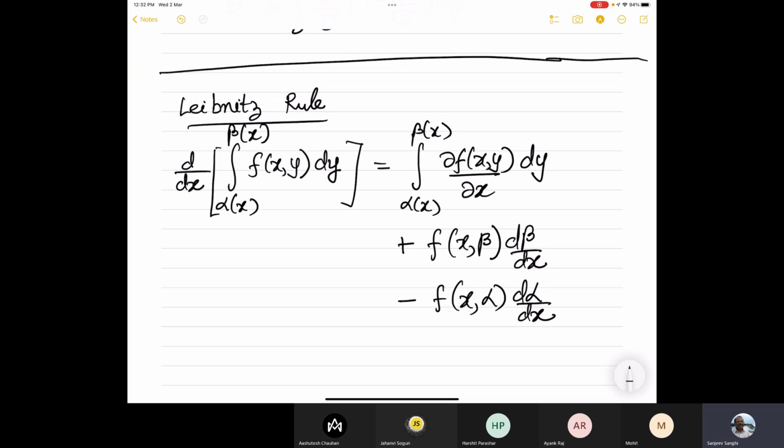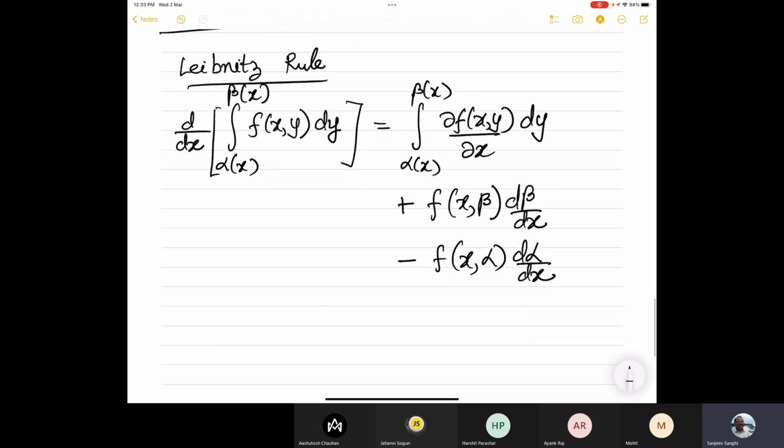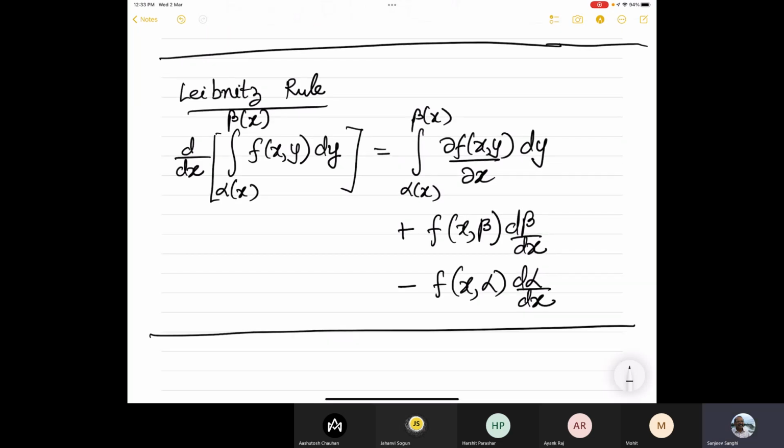If alpha and beta are constants, then I can just take the derivative inside. But if alpha and beta are functions of x, then I have to use something like this. And this again is something which is very general. You may need it at other places also. It's very intuitive to feel what this rule is. But is this clear to everyone?